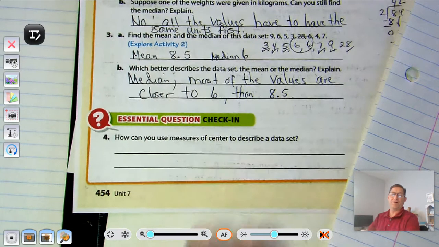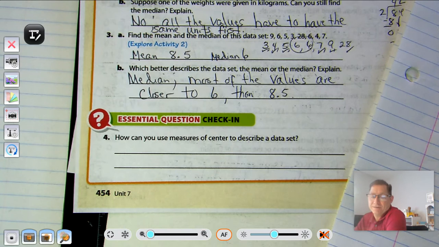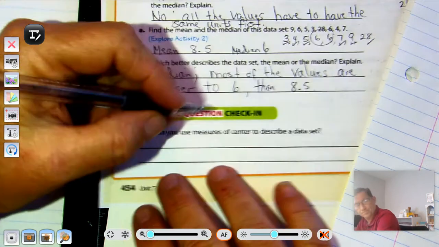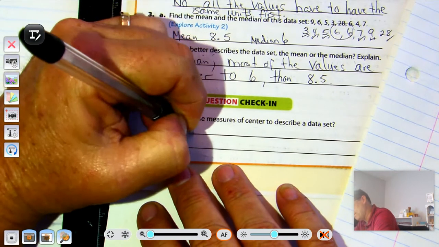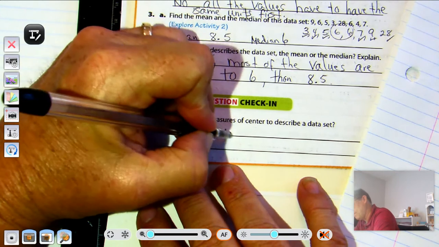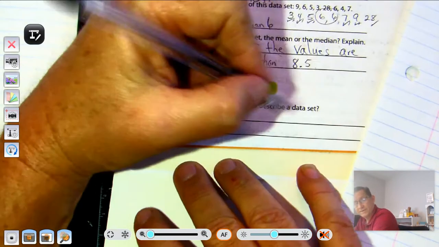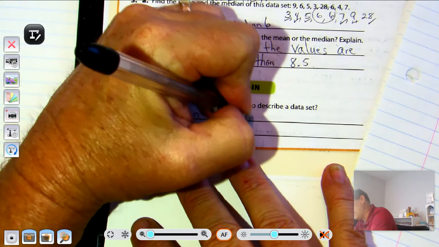All right, so how can you use measures of center to describe a data set? Well, what are we doing when we get that? Well, we're basically trying to describe like the average of the data set or the middle value of the data set. So the mean will give the average of the data set.